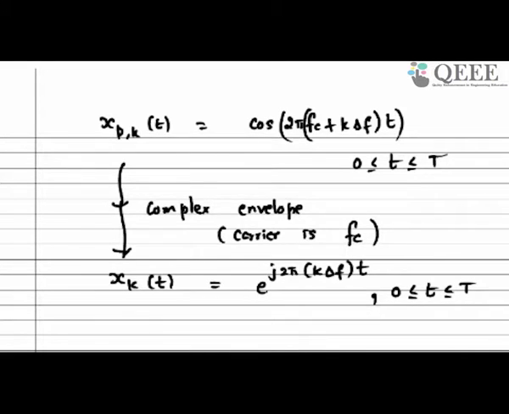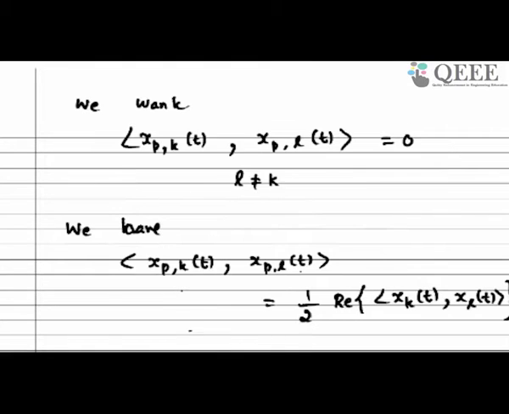So you have cosine waveforms cos 2 pi (fc plus k delta f) t for k running from 0 to M minus 1, so you have M cosine waveforms. There is a corresponding equivalent complex exponential waveform e power j 2 pi k delta f t. So the inner product between the cosine waveforms can be written in terms of the inner product between the complex exponentials.